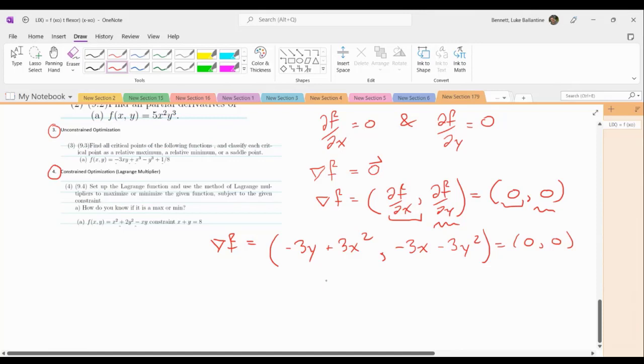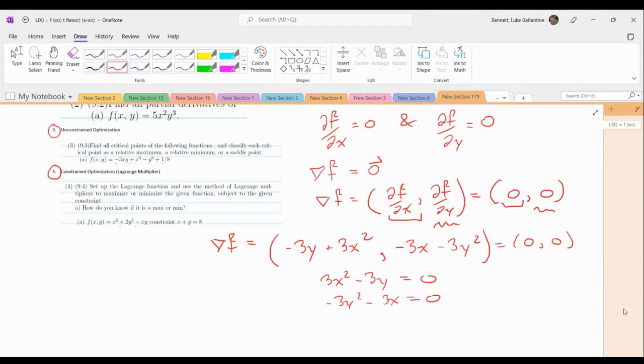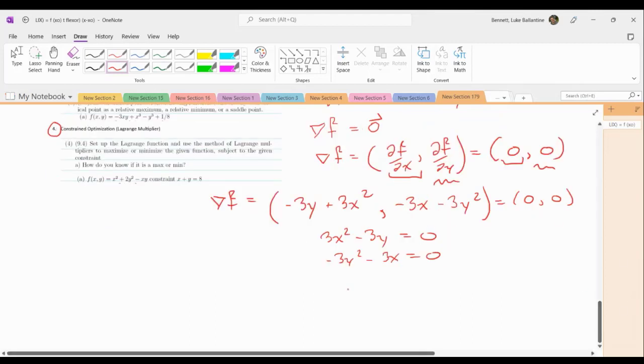So we have 3x squared minus 3y is 0, and 3y squared minus 3x is 0. So this tells us that x squared minus y is 0, and y squared minus x is 0.